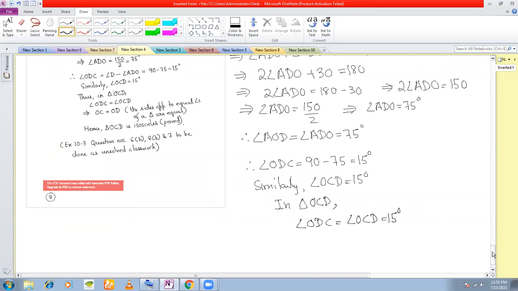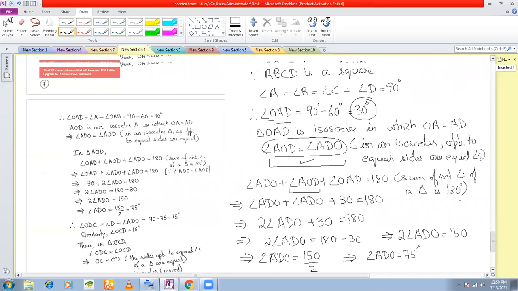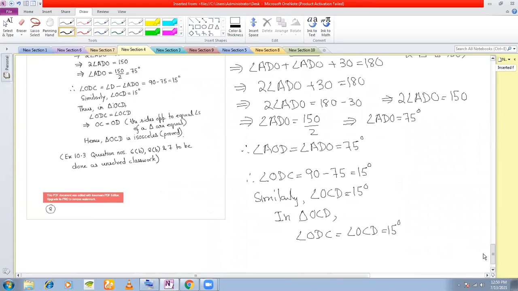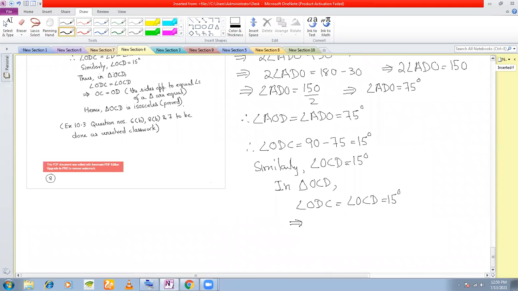That means which sides are equal? Opposite to this 15 degrees is OC. Opposite to this 15 degrees is OD. That means OC must be equal to OD. And you will give your reason.